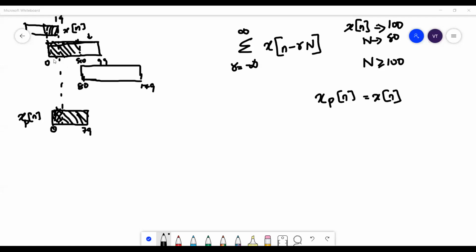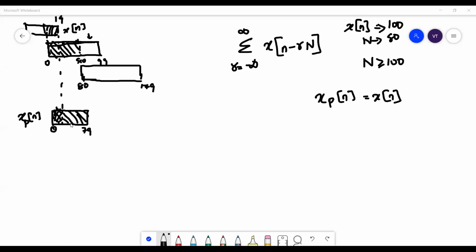The values were different for the samples from 0 to 19. Is that understood? The samples in xp of n and x of n from 0 to 19 were different. However, you see that there is no overlap for the samples from 20 to 79. Is it understood?